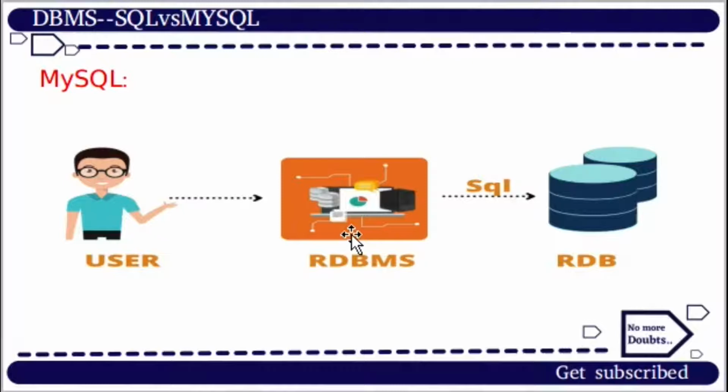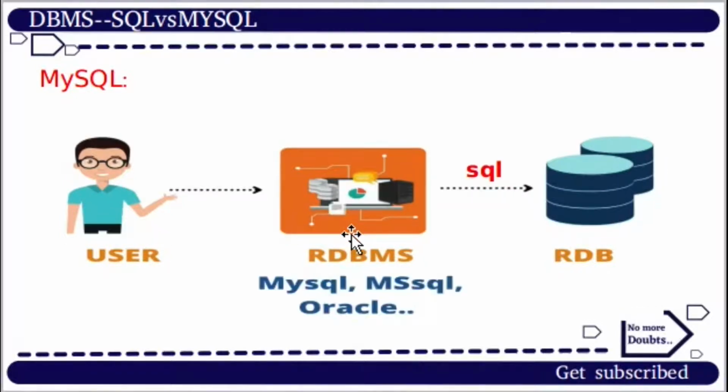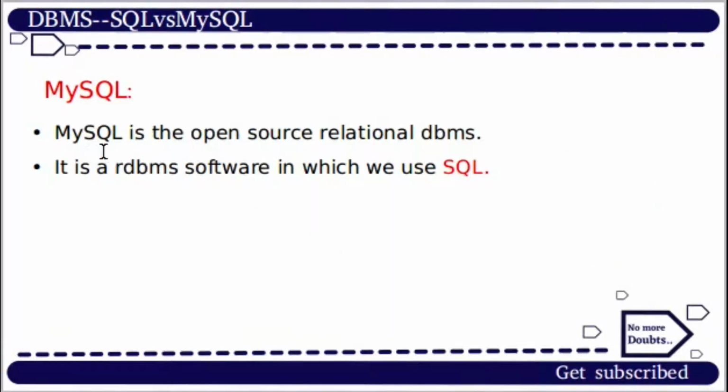So then we will go for an open source relational database management system, and MySQL, MS SQL, Oracle, PostgreSQL are the open source relational database management systems available for us in the market, and MySQL is one of the relational database management systems available for us openly. And you can say MySQL is the open source relational database management system, and it is a relational database management software in which we use SQL.